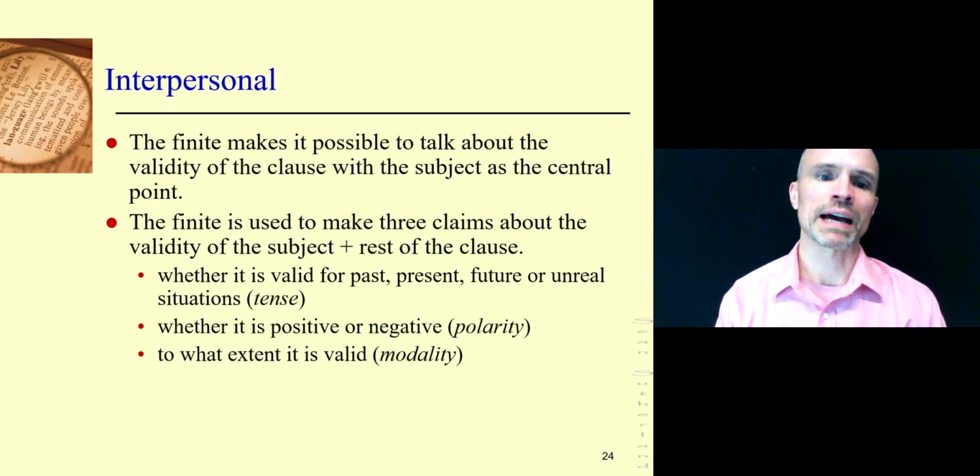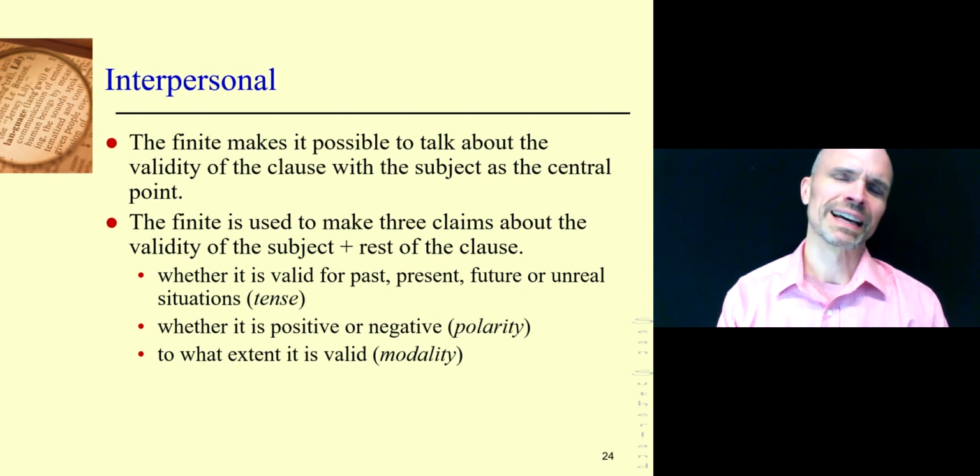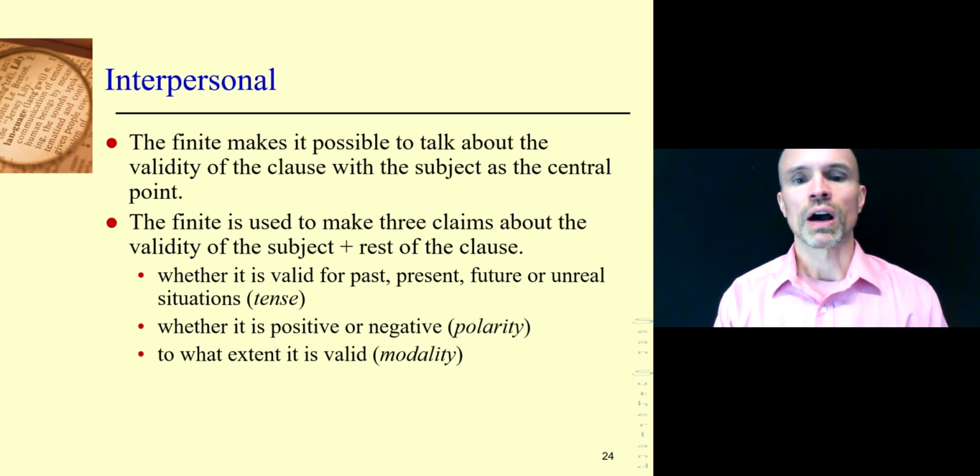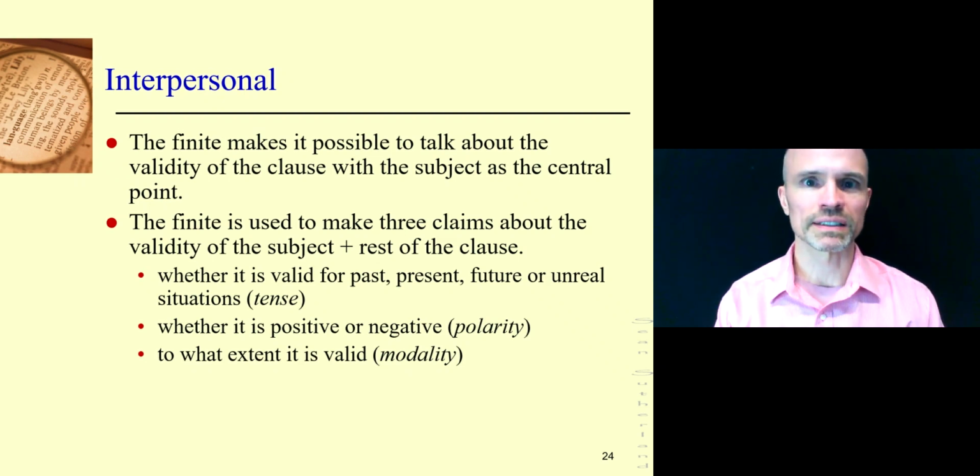I can talk about it in the past or the present or the future or unreal situations. What does that mean? Well, I say running a hotel is or running a hotel isn't, right? For past and present, running a hotel is or running a hotel was. That immediately tells you whether I'm talking about past or present.